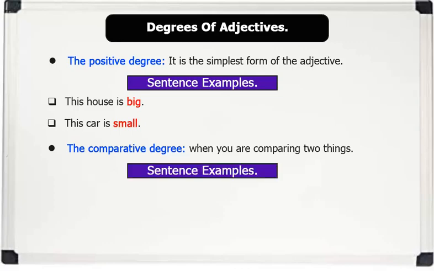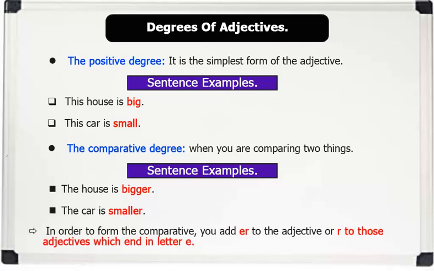Sentence examples. A. The house is bigger. B. The car is smaller. In order to form the comparative, you add er to the adjective, or r to those adjectives which end in letter e. Let's go over to the third form of degrees of adjectives.